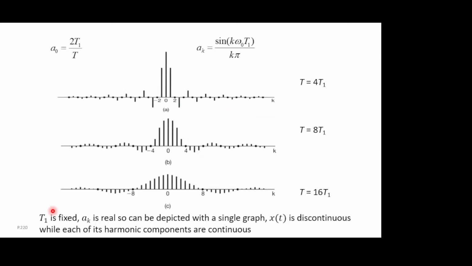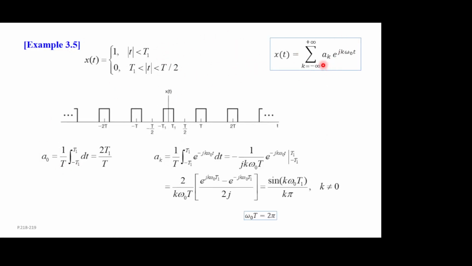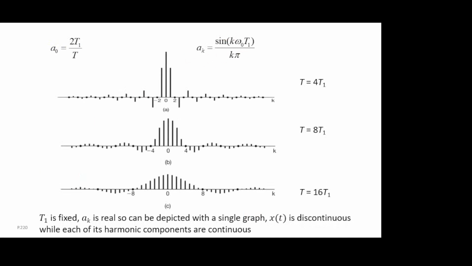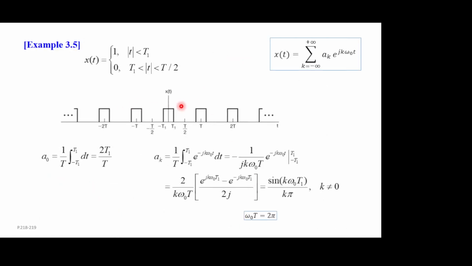I guess the easy answer is because you are summing over infinitely many signals. This series sums from minus infinity to plus infinity. So even though all those signals are continuous, when you sum over an infinite number of them, the limit can be something discontinuous.